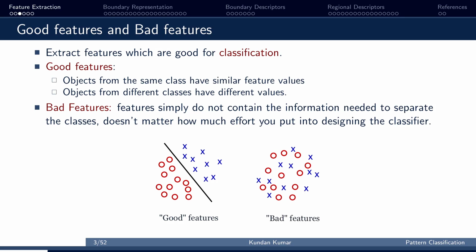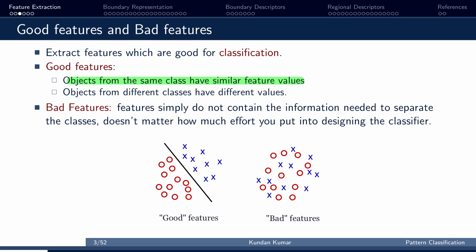But there are some characteristics that tell us whether features are good or bad. Usually we look for features that have the separability characteristic. We can say that a feature is good if objects from the same class have similar feature values.